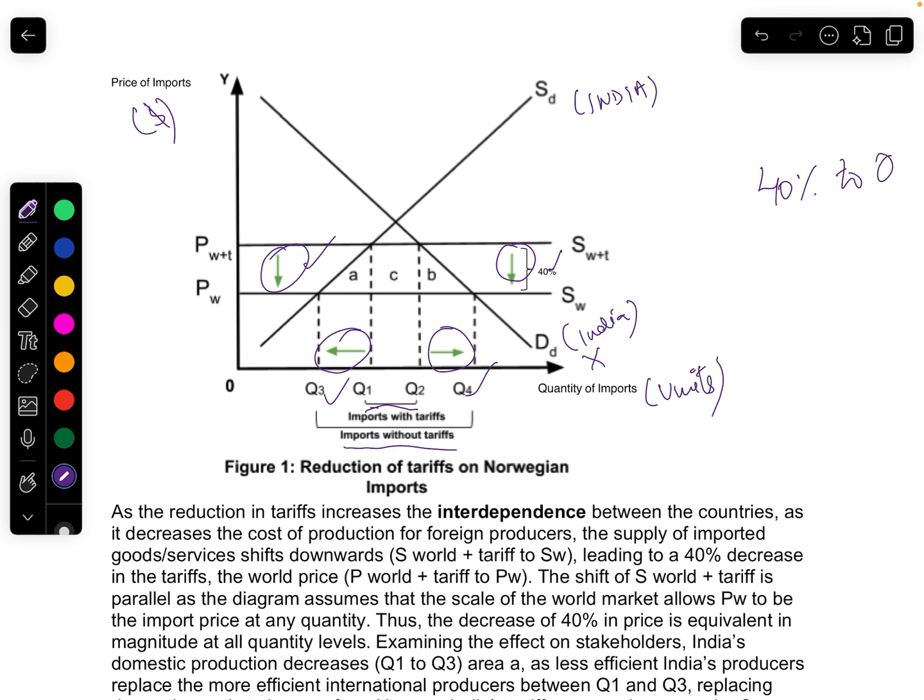Now coming back to another important thing in the graph, he has also mentioned the area ACB, which again signifies a very good application of the concept. The child has understood the impact on producer surplus and consumer surplus after the reduction of the tariff once it has been removed.